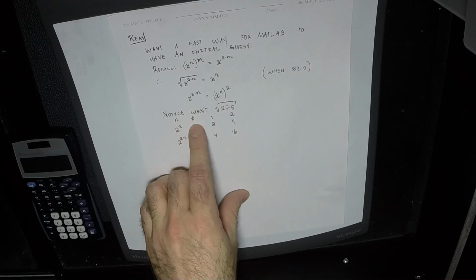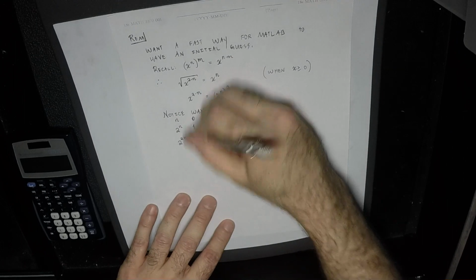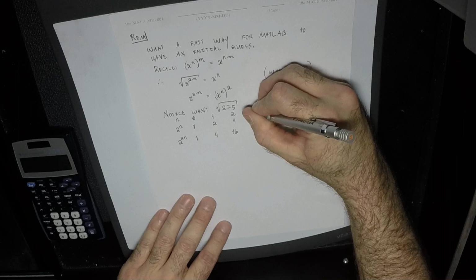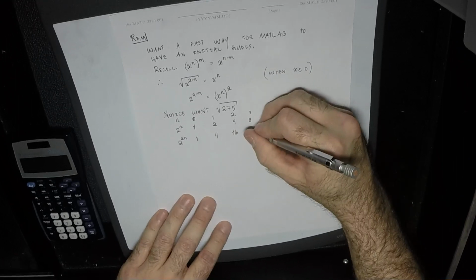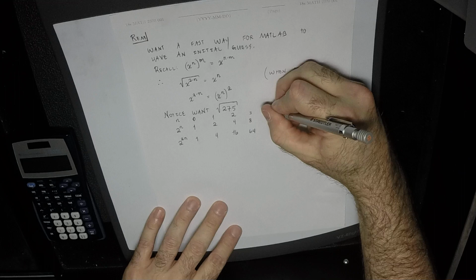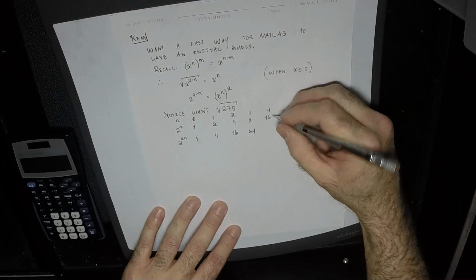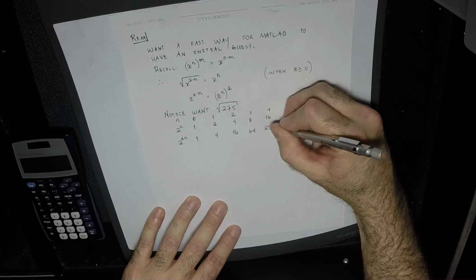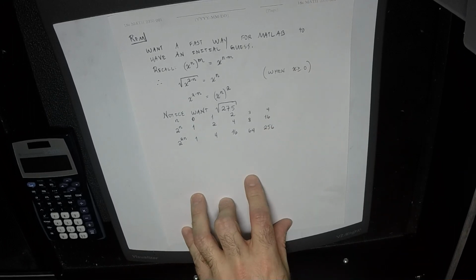So the 0th guess was 1. The next power of 2 is 8, and 8 squared is 64. So is 275 less than 64? Nah. All right, the next power of 2 is 16, and 16 squared is 256.